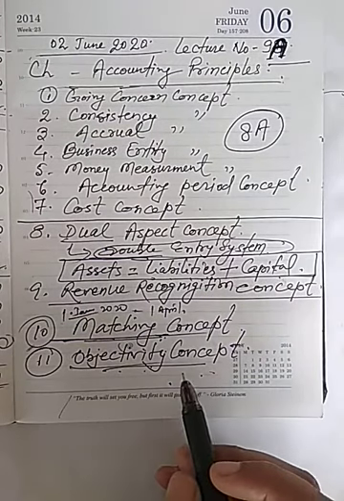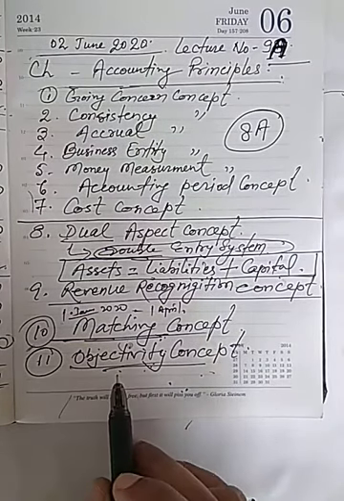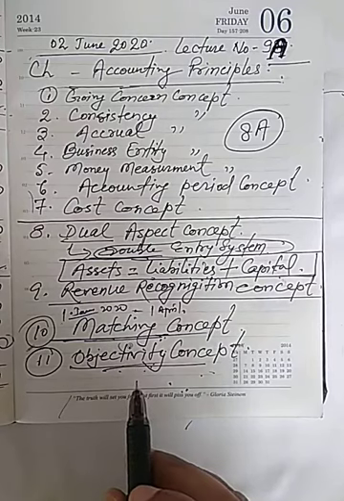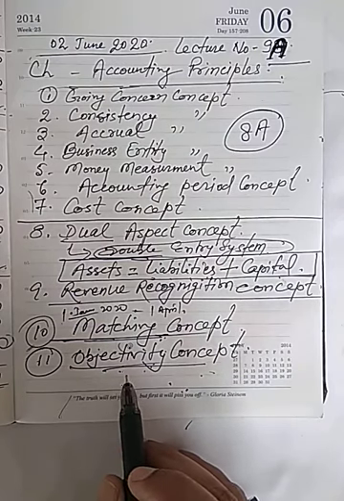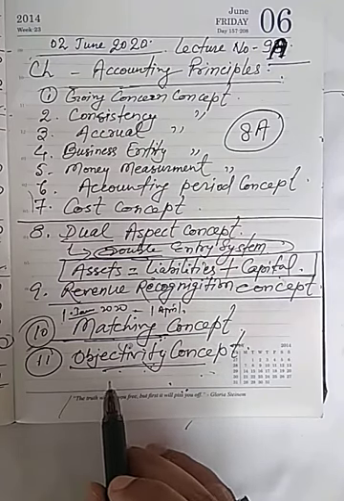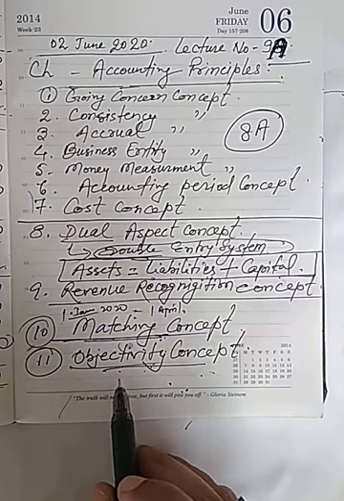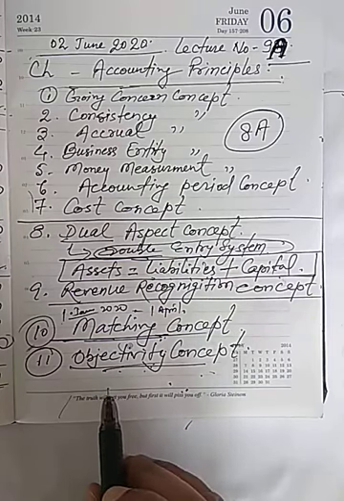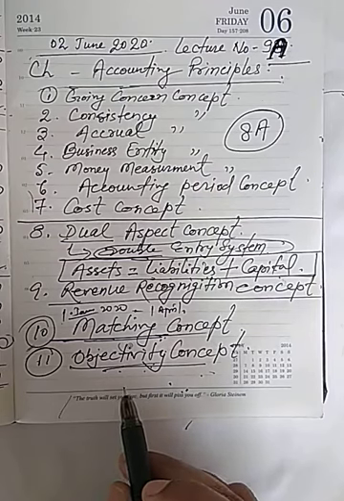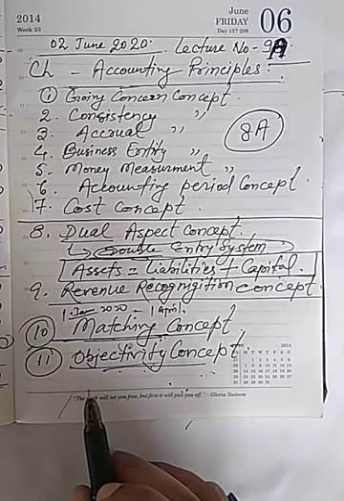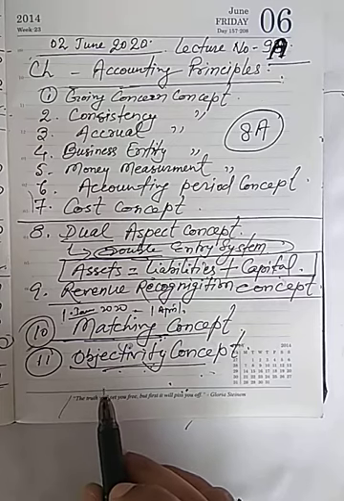So objectivity is one of the reasons for adopting the historical cost as the basis of recording accounting transactions, because cost actually paid for an asset can be verified from the document.